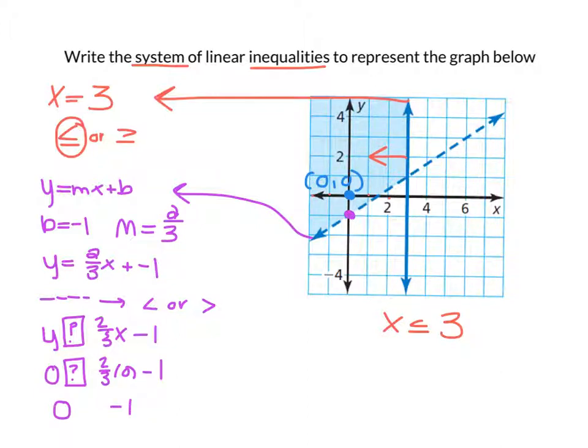So in order for this inequality to be true, it would need to be a greater than symbol because 0 is greater than -1. So if I now take my equation and I rewrite it with the correct inequality, my second linear inequality for this system would be y is greater than 2/3 x plus a -1, or minus 1, whichever one you prefer.